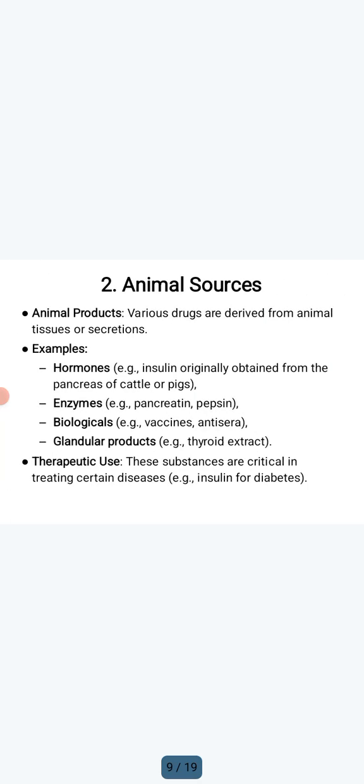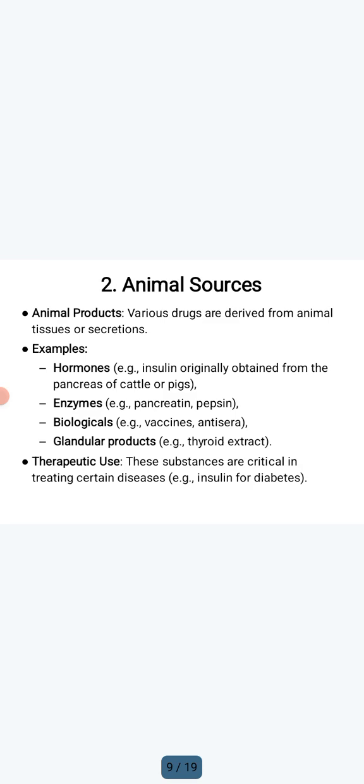Second, animal sources. A wide variety of drugs are derived from animal tissues or secretions. For example, hormones, such as insulin; enzymes, such as pancreatin or pepsin; biologicals, such as vaccines and antiserum.